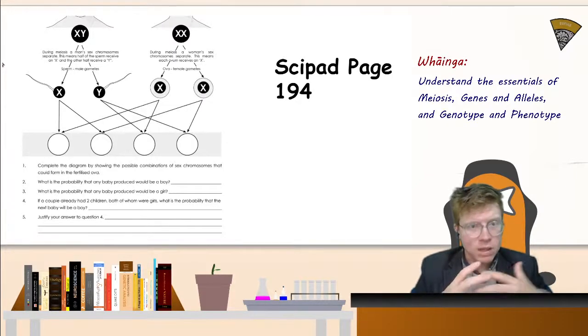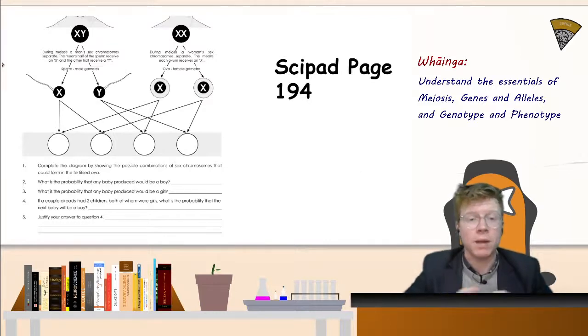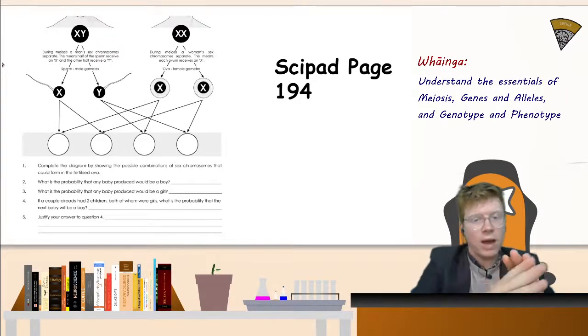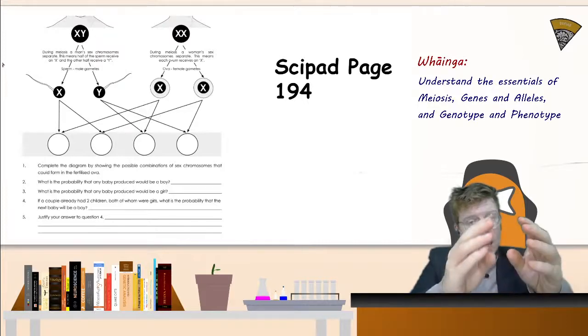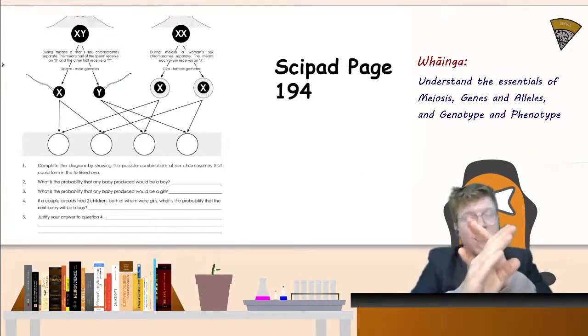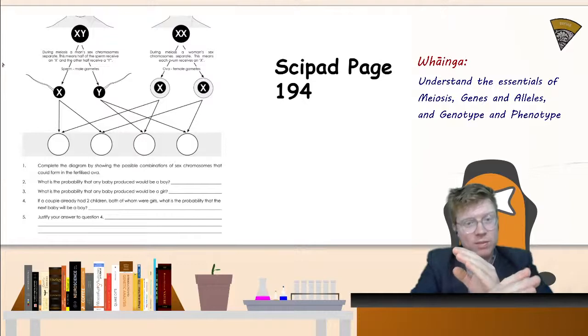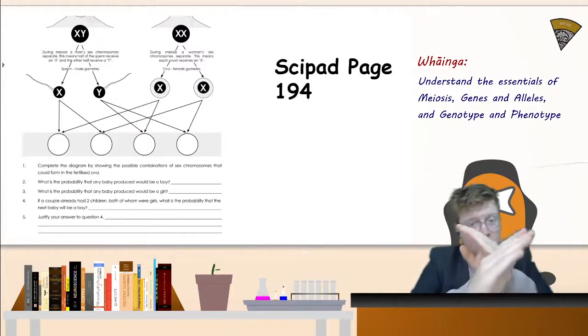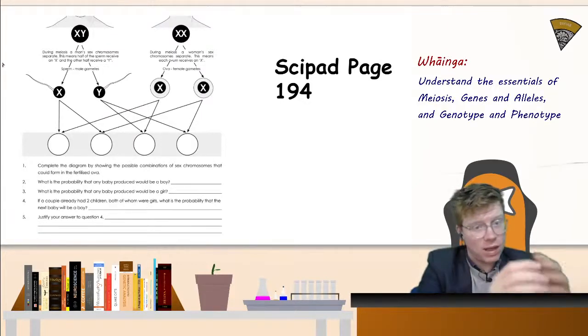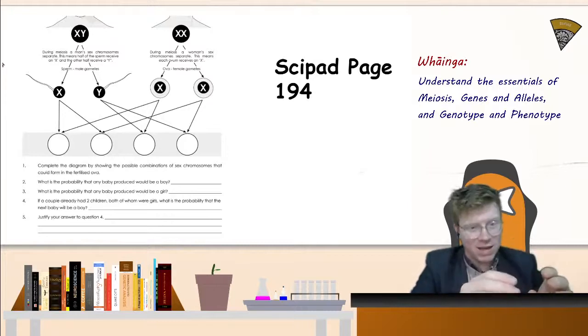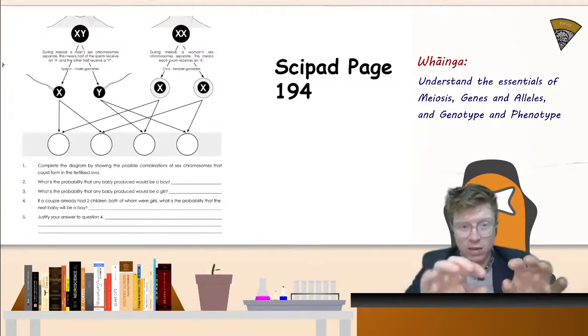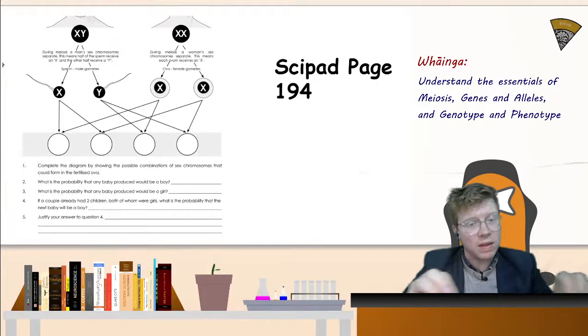However, for males, when producing sperm, the same process occurs, but one of those chromosomes is Y. So half of the sex chromosomes are X and half are Y. The chromosomes are replicated, so you have 2 X's and 2 Y's in that original cell that then divides.